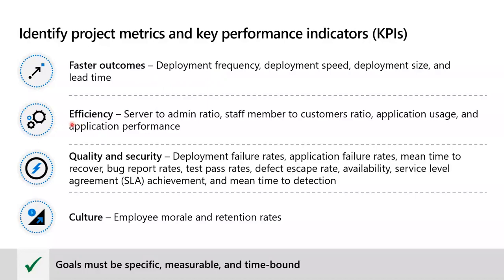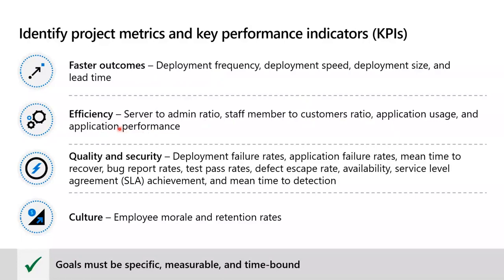What else? Efficiency: server to admin ratio, staff member to customer ratio, how many bugs we're receiving at the end of the sprint or at the end of each specific period, how many users are interacting with our applications, or how the infrastructure is reacting to the traffic that we are having.